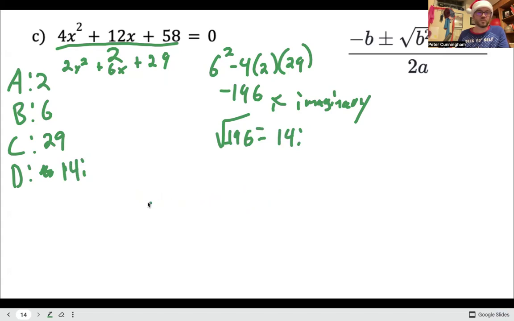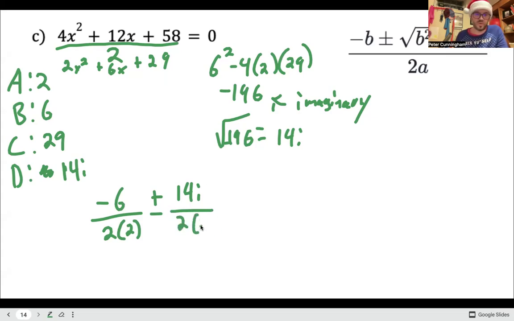So opposite of b. So negative 6 divided by 2. Again, I'm just leaving it in long form because I can maybe get rid of some things later. That would be very nice. 2a is 2 times 2. Negative 6 plus and minus 14i over 2 times 2, which I know is 4, right?